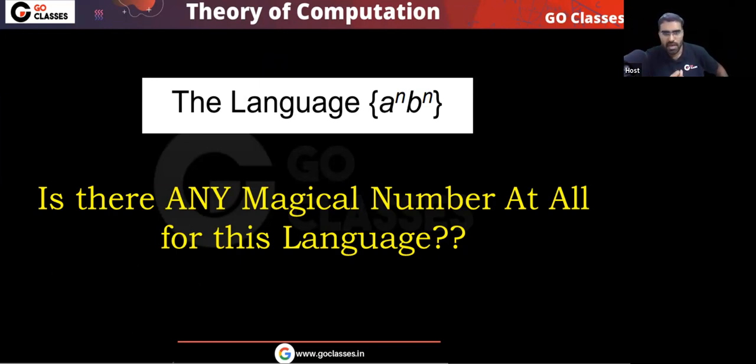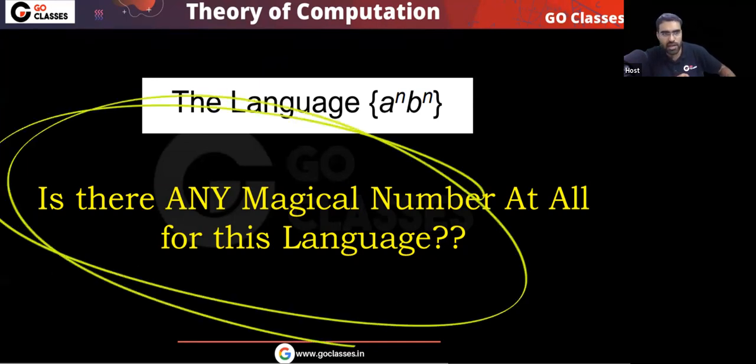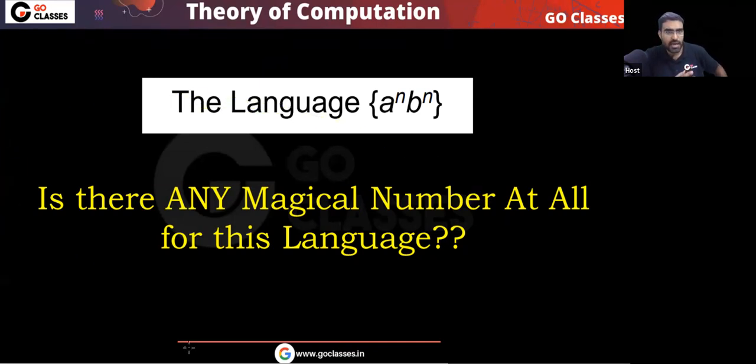Tell me one thing. If I want a general solution, will I take a specific value of p? No. Specific values I have already checked: p equal to 20, p equal to 4, p equal to 5. So now I will not take a specific value.